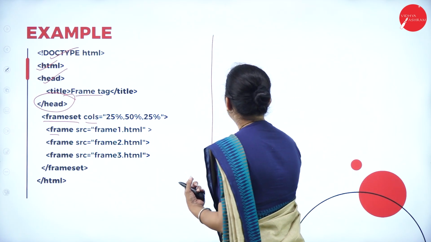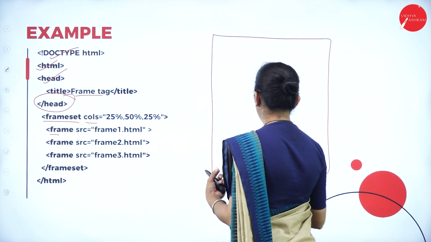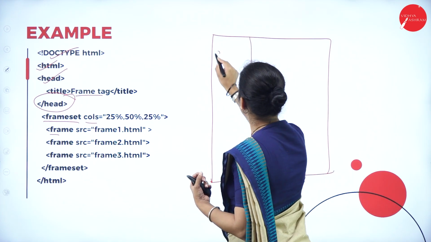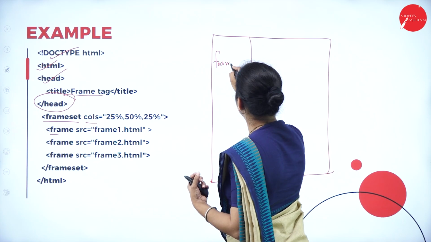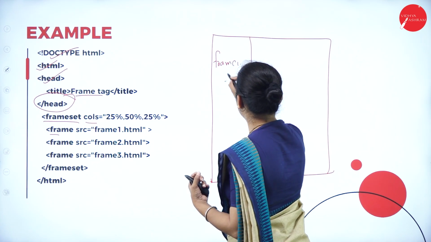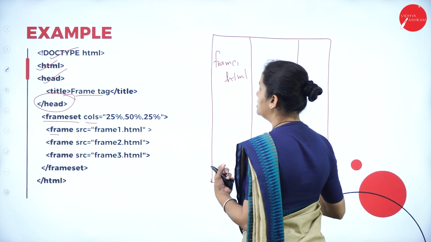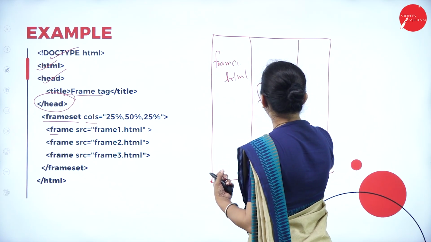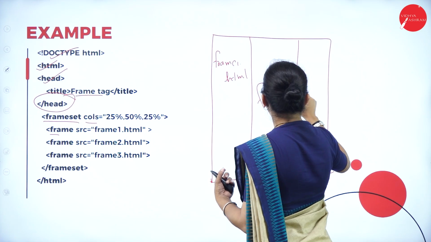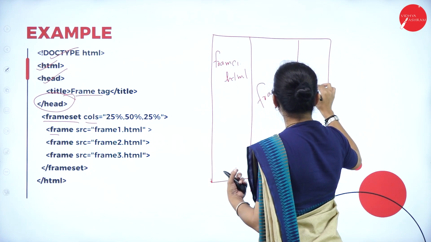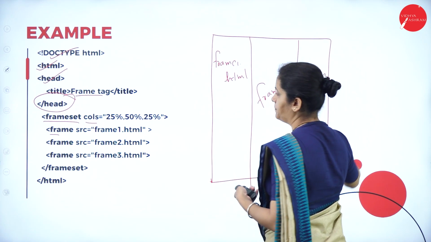Think that this is my window. So it is 25% for frame1.html, 50% for frame2, and the remaining 25% for frame3.